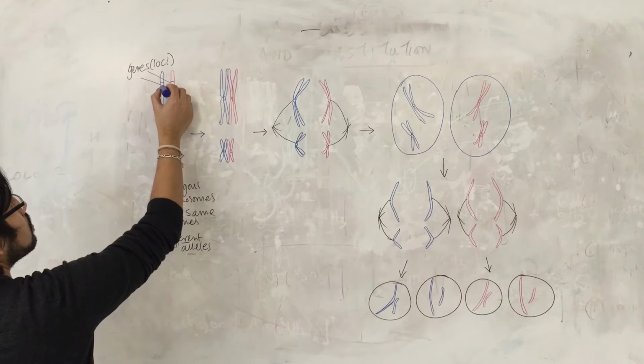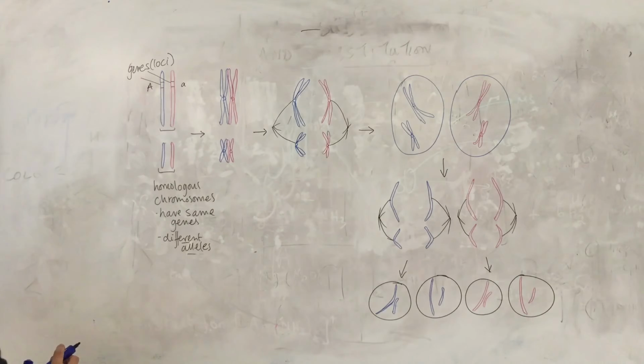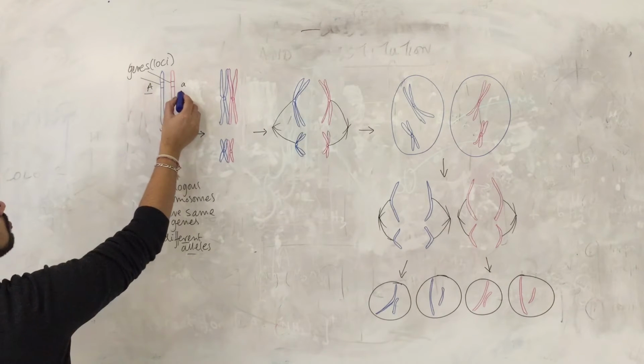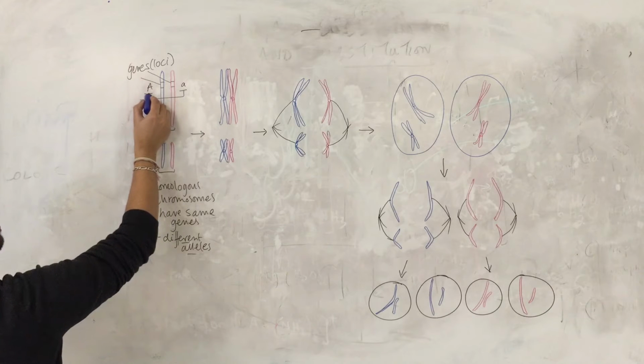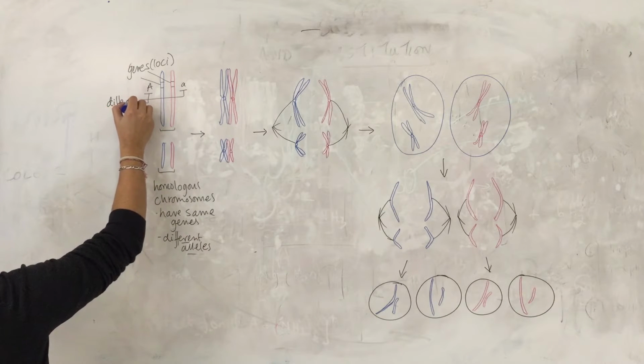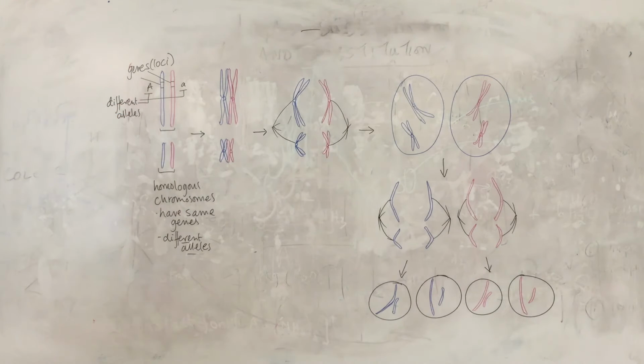But if this is A, this could be little a, and therefore different alleles. So we refer to this as different alleles.